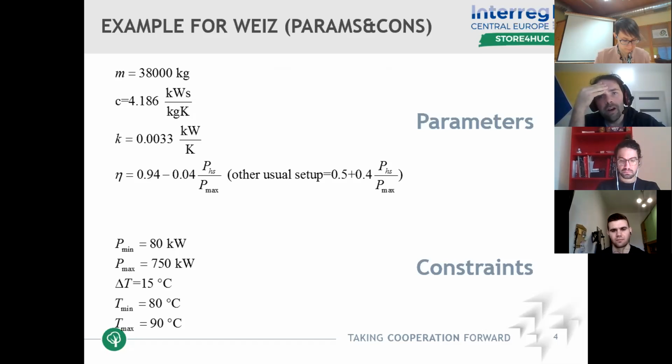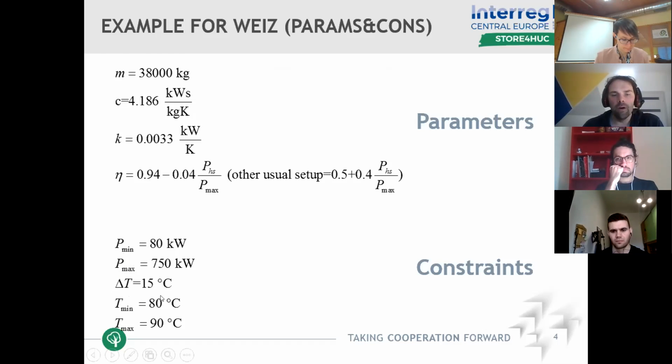I don't think I guessed the numbers correctly. Maybe the smaller one is a bit higher power, and the larger one a bit smaller, but the sum of nominal power is 750 kilowatts. And the minimum power of the smaller heat source is 80 kilowatt, and that is then our constraint. So the minimum power we can engage from our heat sources is 80 kilowatt, and the maximum power is 750 kilowatt.